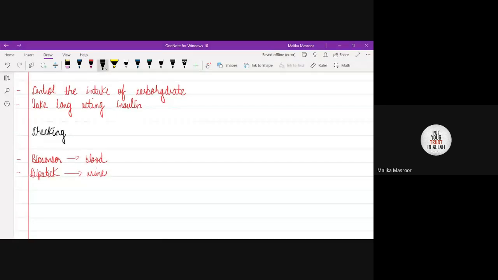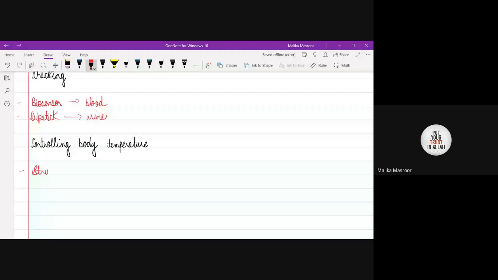I will talk about controlling of body temperature. Very important. We have to see the structure of human skin.